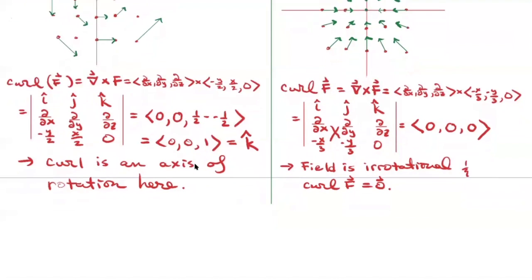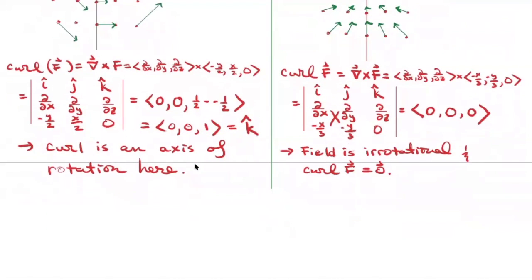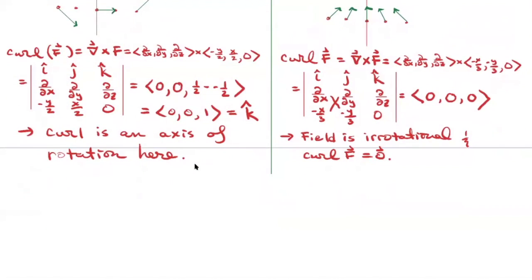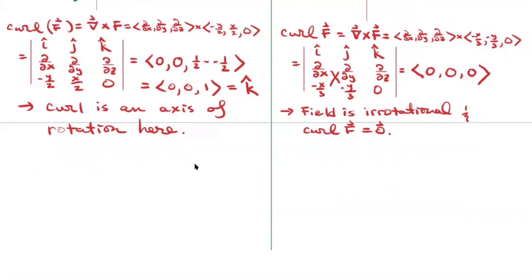Alrighty. We'll keep going then. Let's do the divergence of each field. Much easier. Okay, so div F, remember, is del dot F. Okay, so this should be easy.